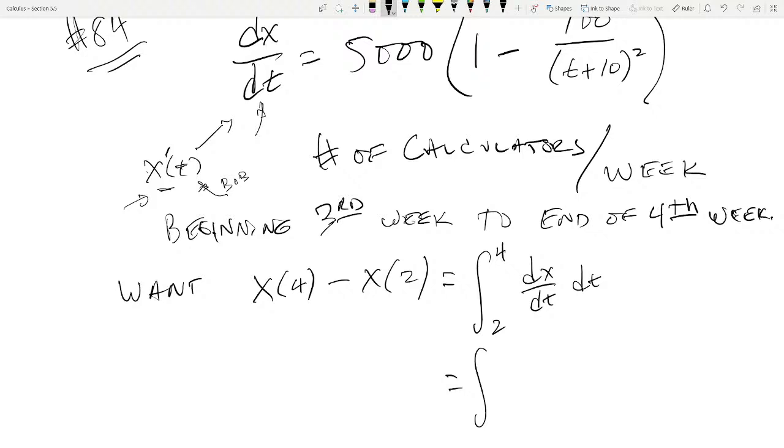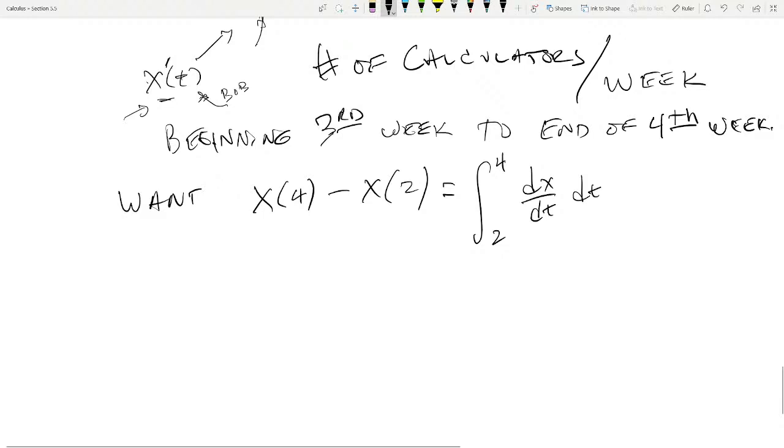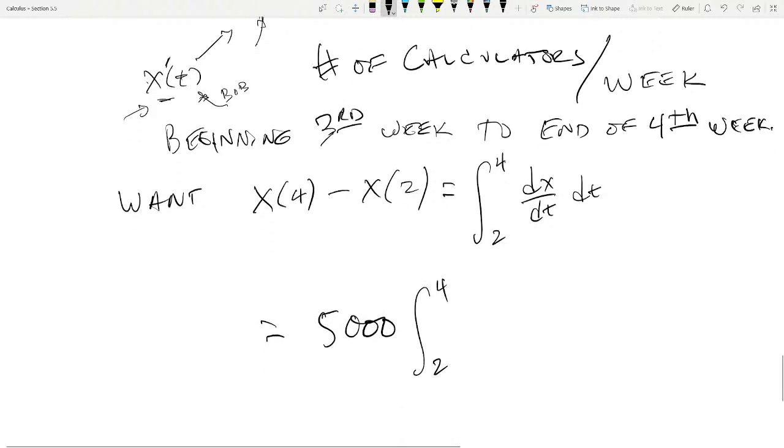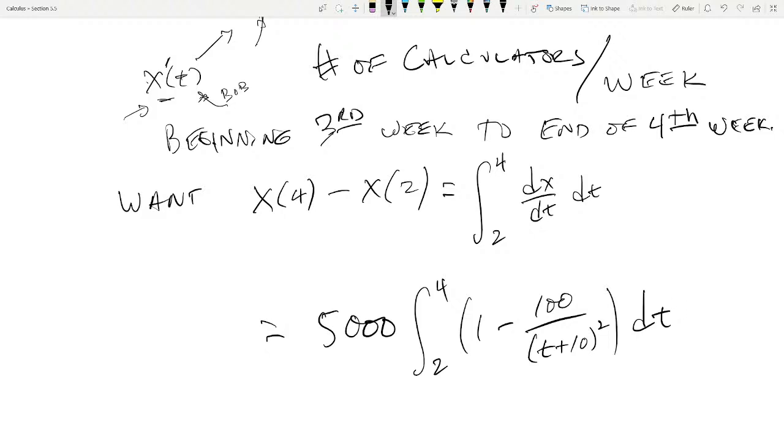But nevertheless, we're going to have 5,000 times the integral from 2 to 4, then 1 minus 100 over t plus 10 squared dt.